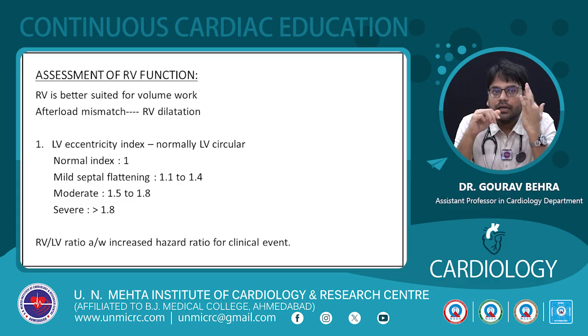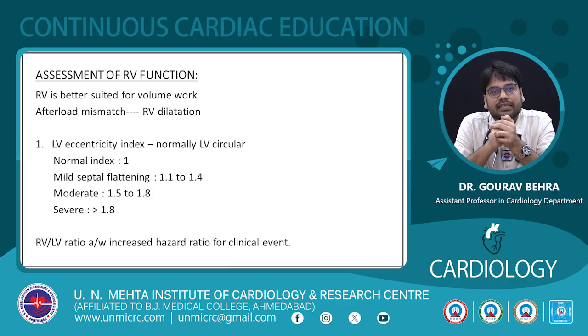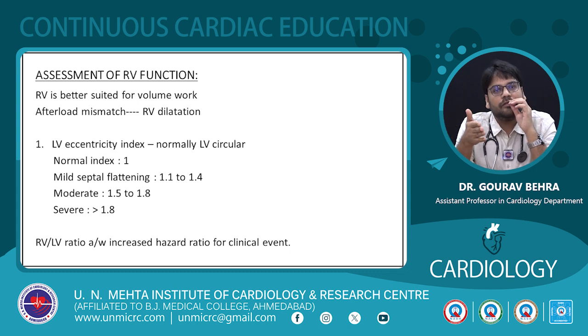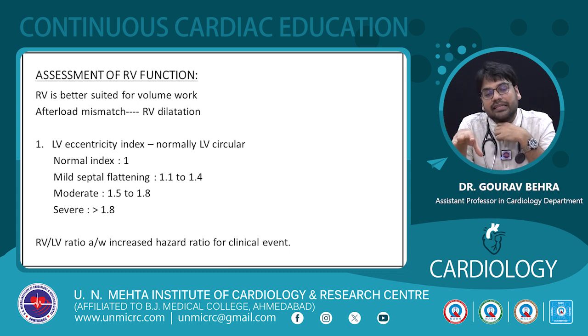So first thing, LV eccentricity index. The normal LV is circular, normal index. When the RV by LV ratio increases, normal is 1, mild septal flattening will be 1.1 to 1.4, moderate 1.5 to 1.8, and severe is more than that. If the LV is compromised, in echo we usually say D-shaped LV cavity.